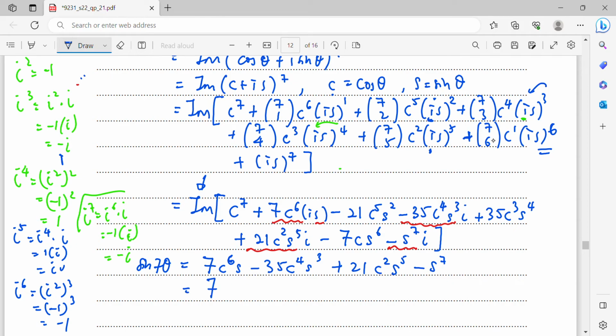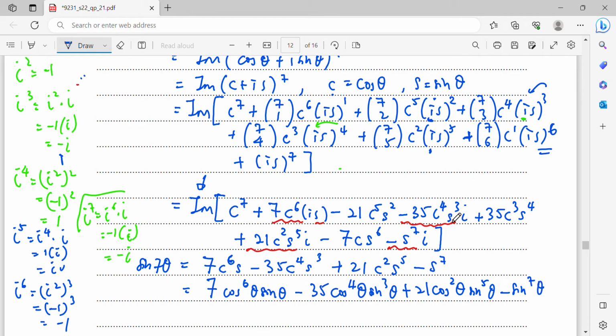So I will rewrite, this is cos^6 theta sine theta minus 35 cos^4 theta sine^3 theta plus 21 cos^2 theta sine^5 theta minus sine^7 theta.